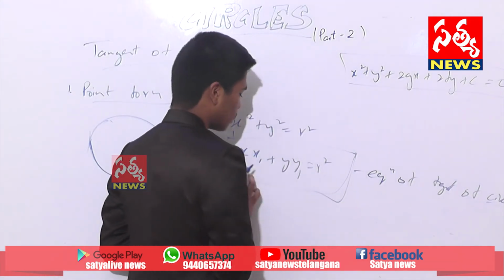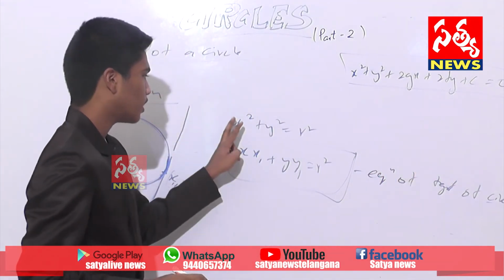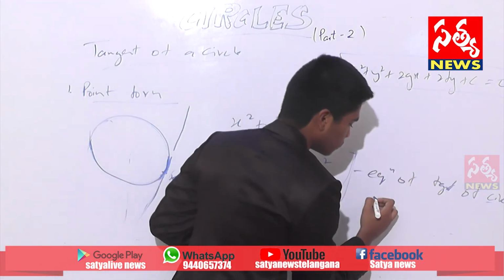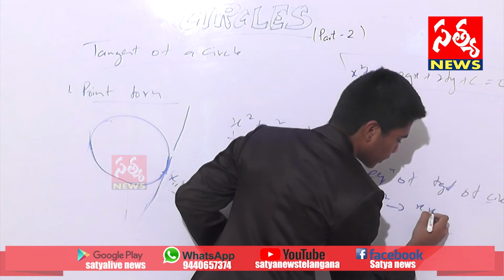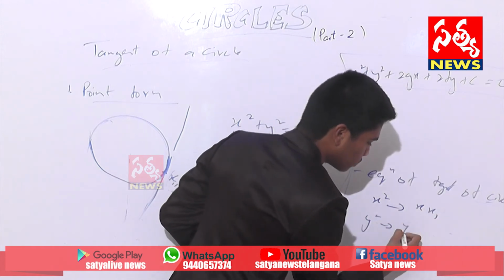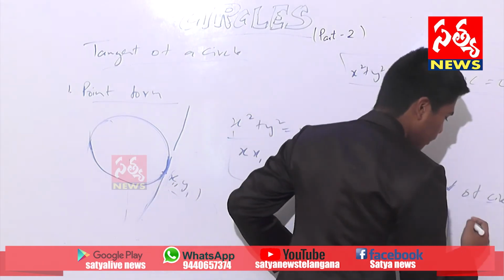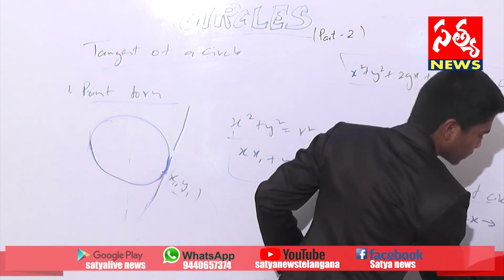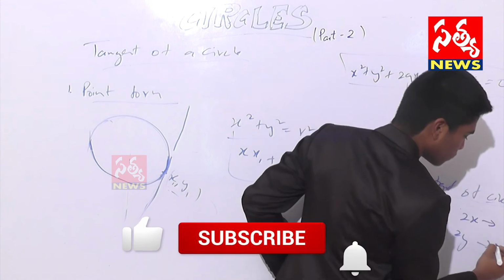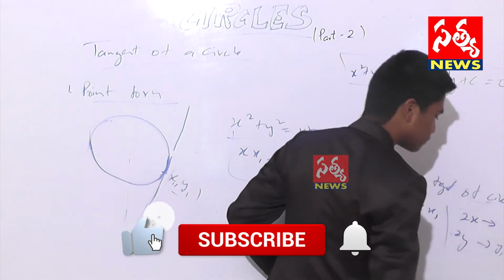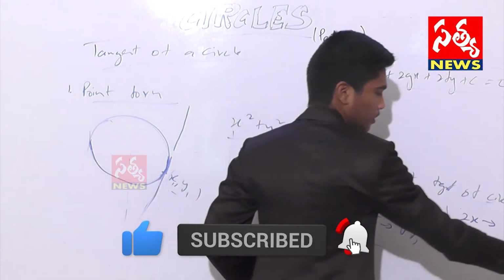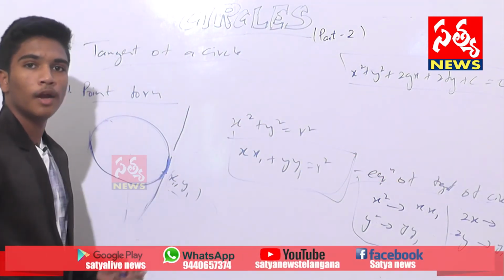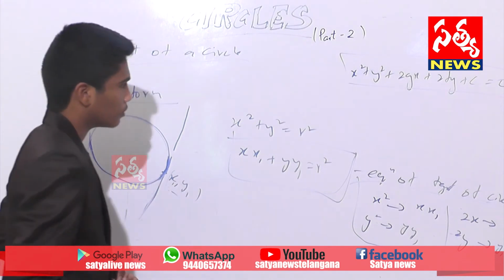Similarly, as we have done here, in the place of x square, we put xx1, replace x square as xx1 and y square as yy1 and 2x as x plus x1 and 2y as y plus y1. These are the transformations which we have to do for changing a circle equation to a point form of a tangent equation.